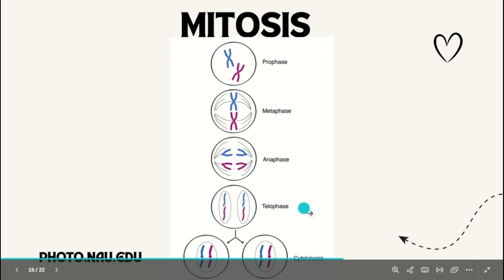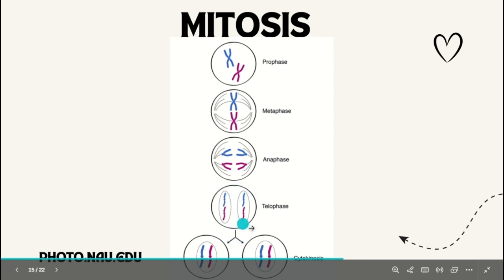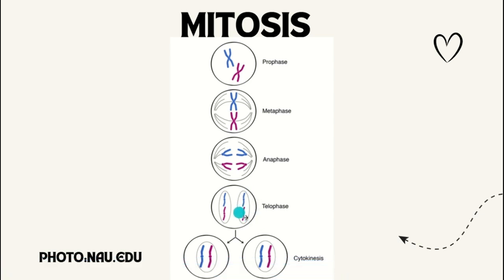Also in telophase, the nuclear membrane starts building up. The circle around it is the nuclear membrane, and the chromosomes start becoming decondensed. As I said, this diagram is not the best, but they become decondensed.